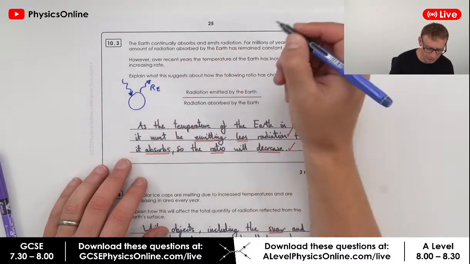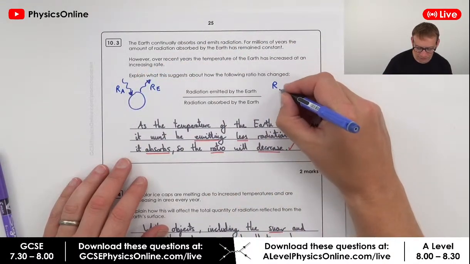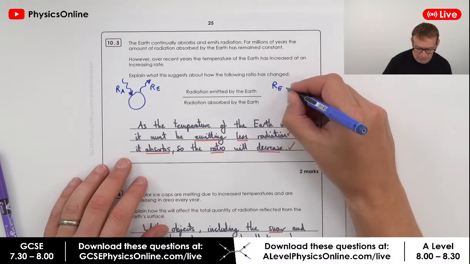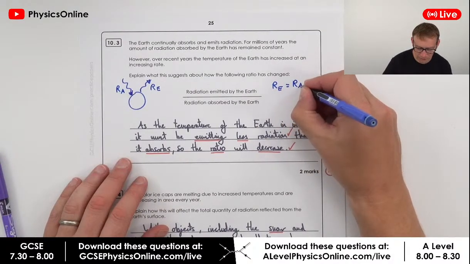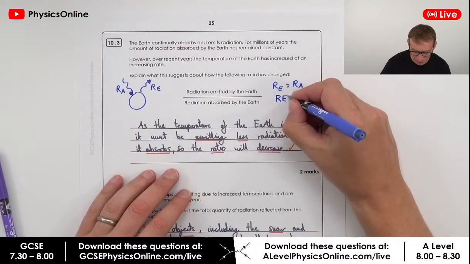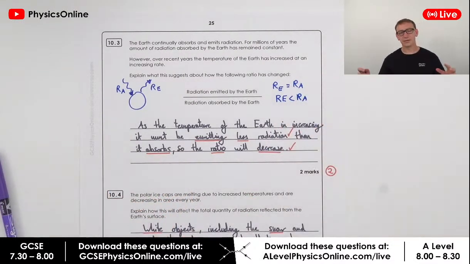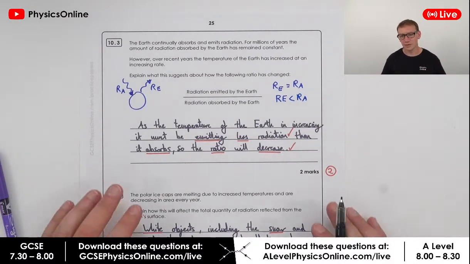I'm going to call that RE, to the radiation absorbed by the Earth, RA. Okay, so for a long time, the radiation emitted was equal to the radiation absorbed. However, recently, the radiation emitted is smaller than the radiation absorbed, and that means some of this energy from the Sun is being transferred to the Earth, and now the Earth is starting to store that. Its internal energy is increasing.